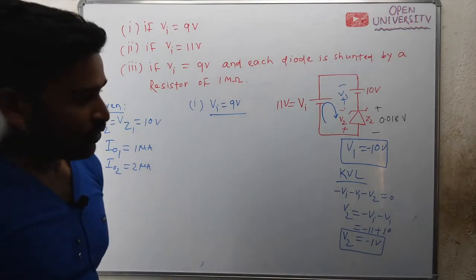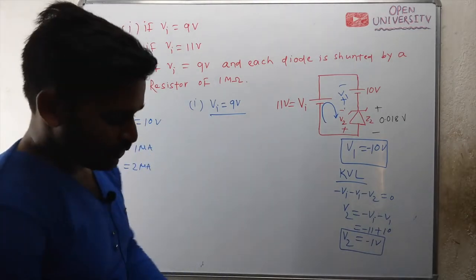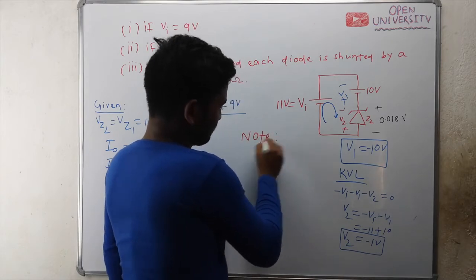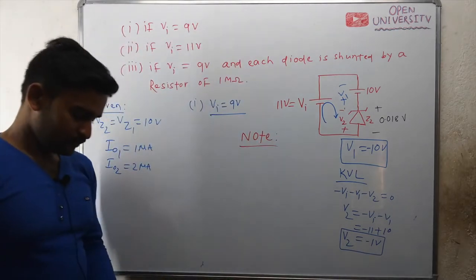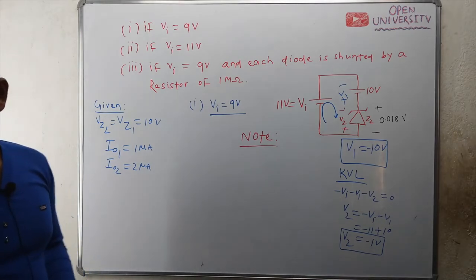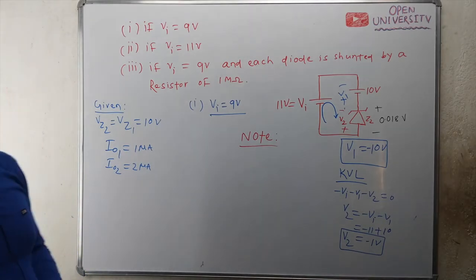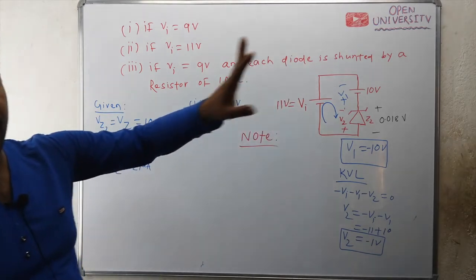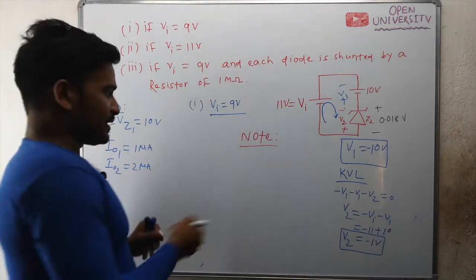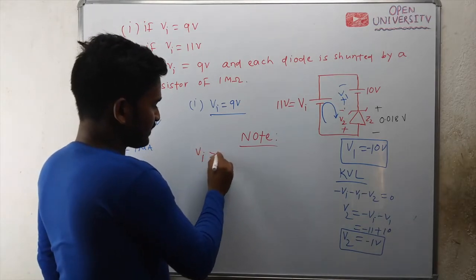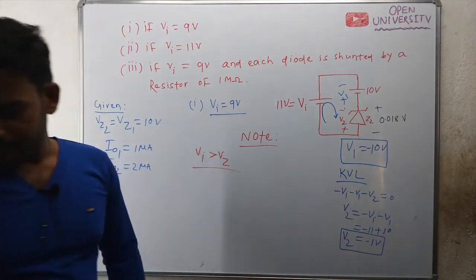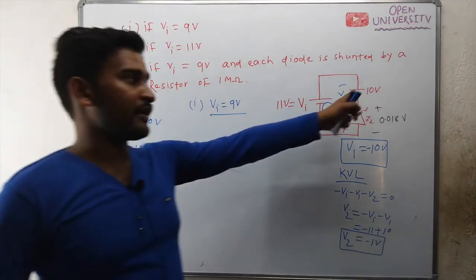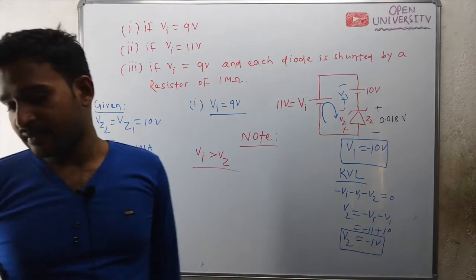And from this we can conclude one point. So write down one note, that when two Zener diodes are connected in series and in reverse bias, if input voltage Vi is exceeding Vz, then a Zener diode having smaller reverse saturation current will be in breakdown first.